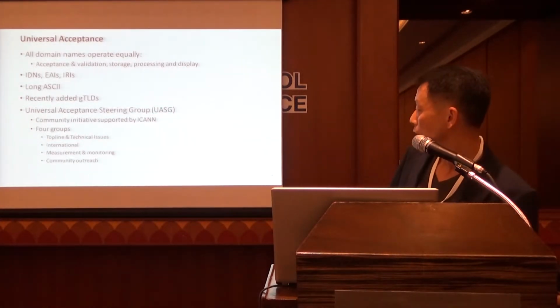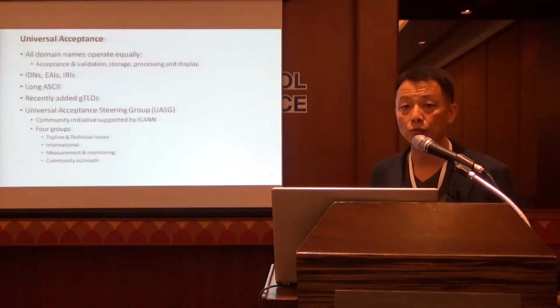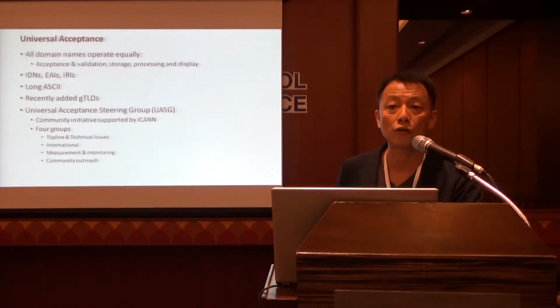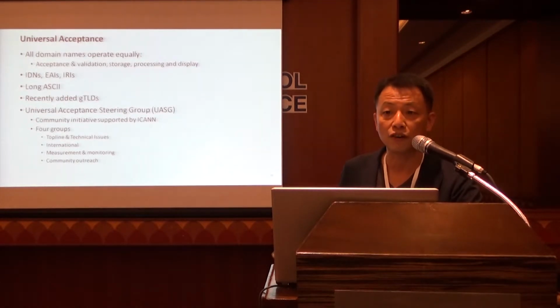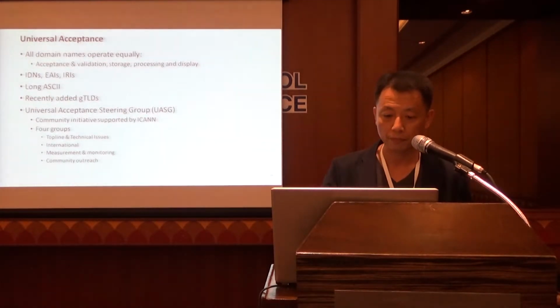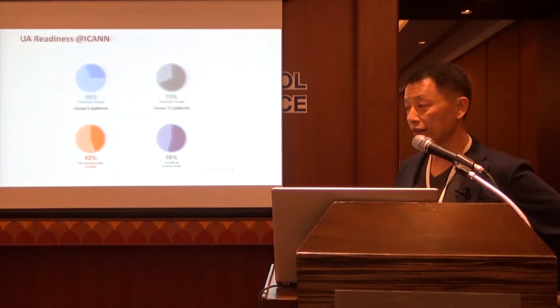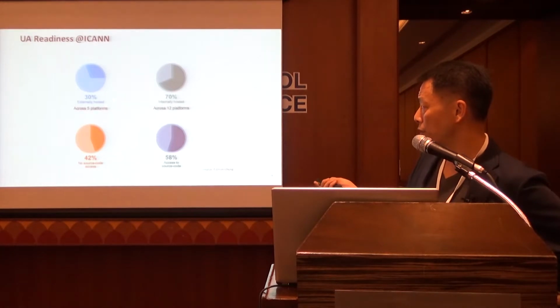That's what the Universal Acceptance Steering Group does. They have four groups: technical issues, international issues, measurement and monitoring, and community outreach. They also try to promote this concept and encourage service providers to provide UA certified services. The information from the UA group defines UA readiness from the ICANN sponsored program.